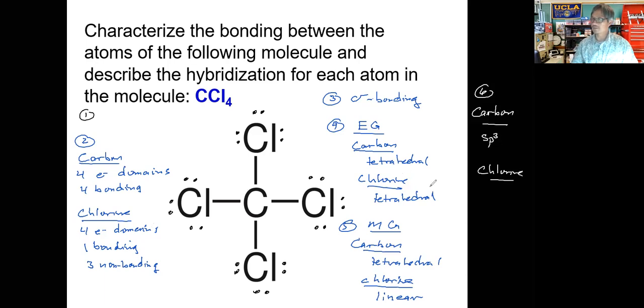Its electron geometry is tetrahedral, so it is also sp3 hybridized. In this particular case, both atoms, the carbon and all of the chlorines, both the different types of atoms, undergo sp3 hybridization. And the overlap that accounts for the sigma bonding is the overlap between two sp3 hybrid orbitals, and that's what gives us our sigma bonding interaction there.